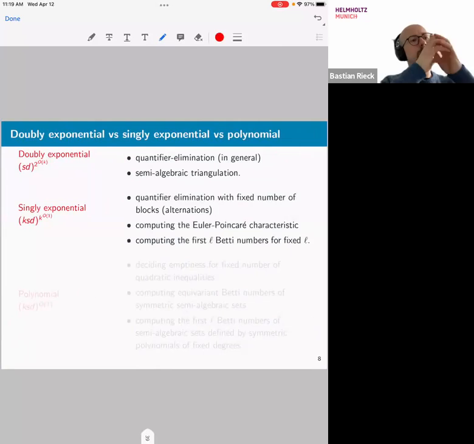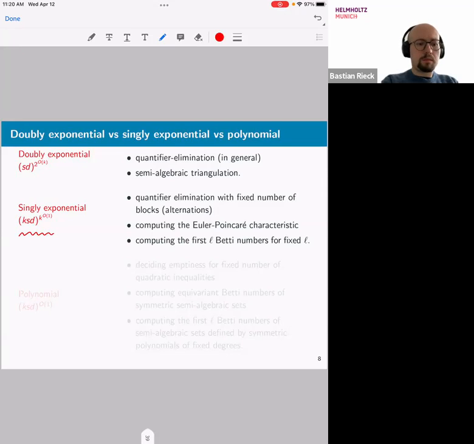And then there are problems for which we know singly exponential algorithms. By singly exponential, I mean a complexity where the exponent is a polynomial in K. Sometimes this polynomial is even linear or quadratic, and it's not as bad as K raised to some undetermined constant, but in general, I'll call such a complexity singly exponential. The problems for which we know singly exponential algorithms are quantifier elimination if the number of alternations of quantifiers is fixed.